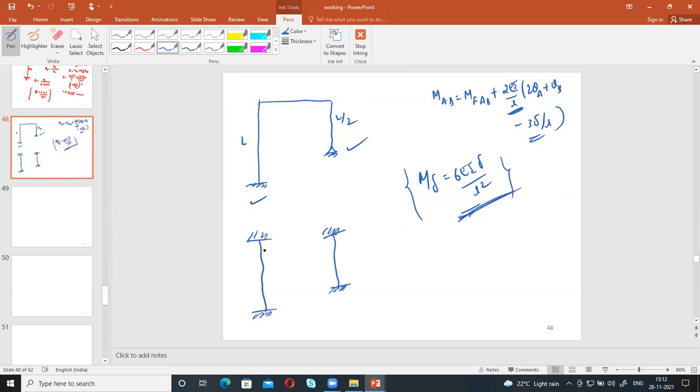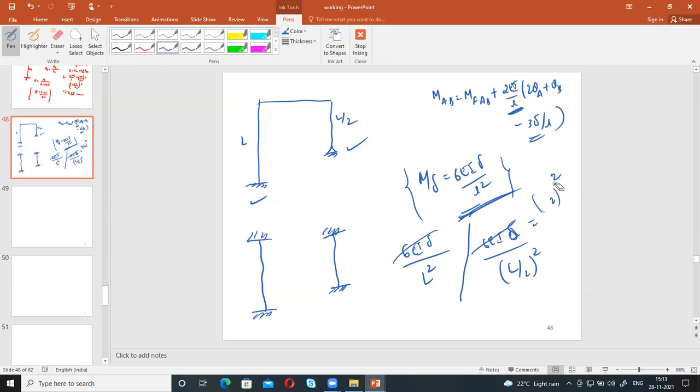So if you take this ratio, 6 EI delta by L square divided by 6 EI delta by (L by 2) square. 6 EI delta cancels, so you are getting (L by 2) square divided by L square, or L square by (L by 2) square.